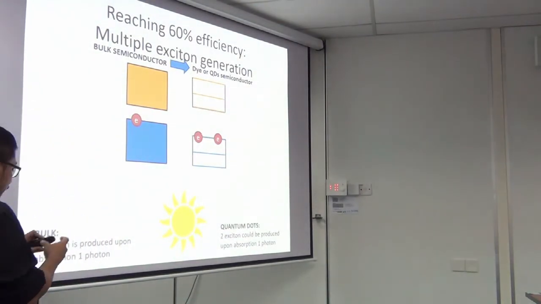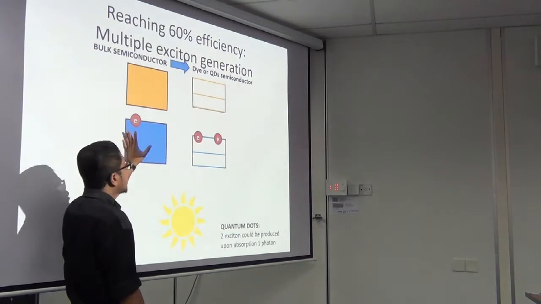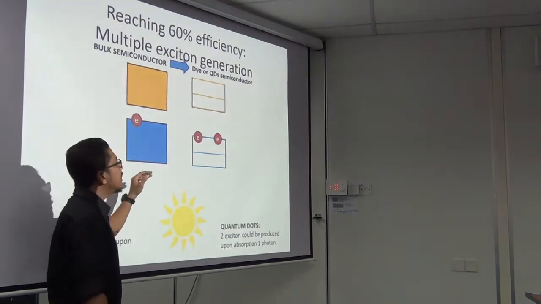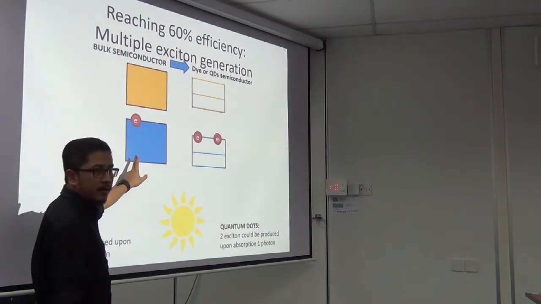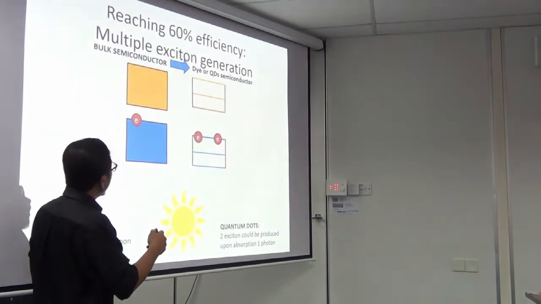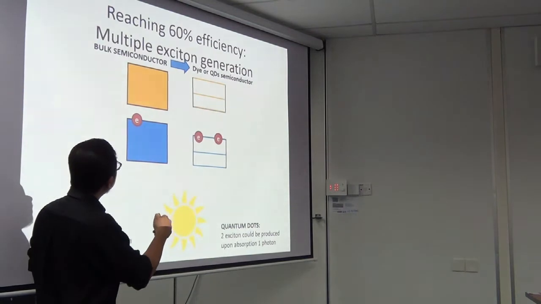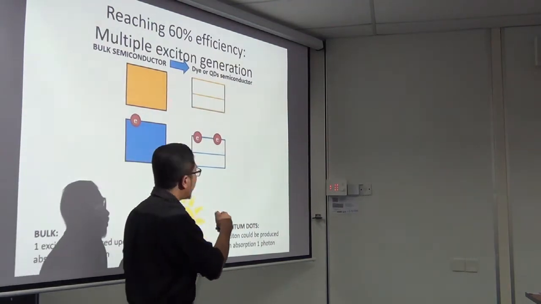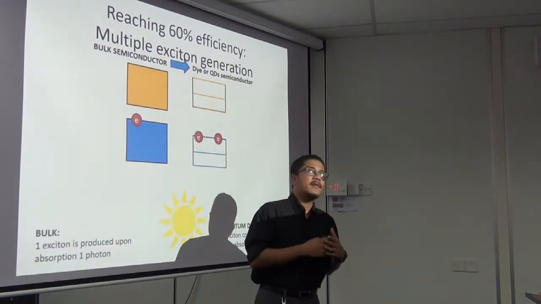So on your left hand side over here is the energy level of the bulk semiconductor. Let's say we have a bulk semiconductor. The yellow is the conduction band, and the blue one is the valence band.